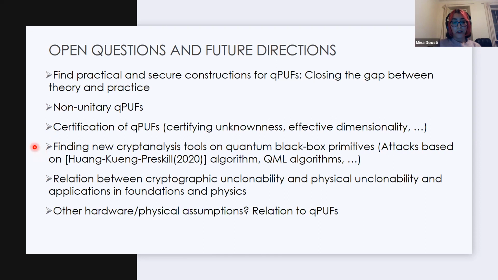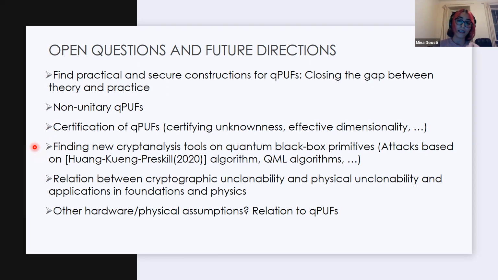Another direction that I have actually started to work on, and I found it very interesting, is that with the spirit of using quantum emulation as an attack tool, can we use other quantum algorithms that have been used for different purposes, but use them for cryptanalysis?